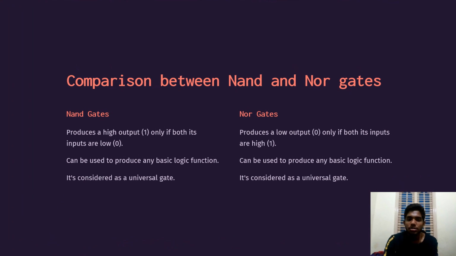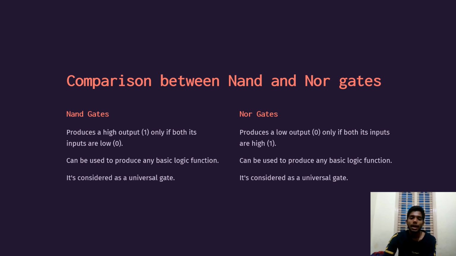Next, we are discussing the comparison between NAND gates and NOR gates. NAND gates produce a low output only if both of the inputs are high. But the NOR gate produces a high output only if both inputs are low. The NAND gate can be used to produce any basic logic function, and the NOR gate can also be used to produce any basic logic function.